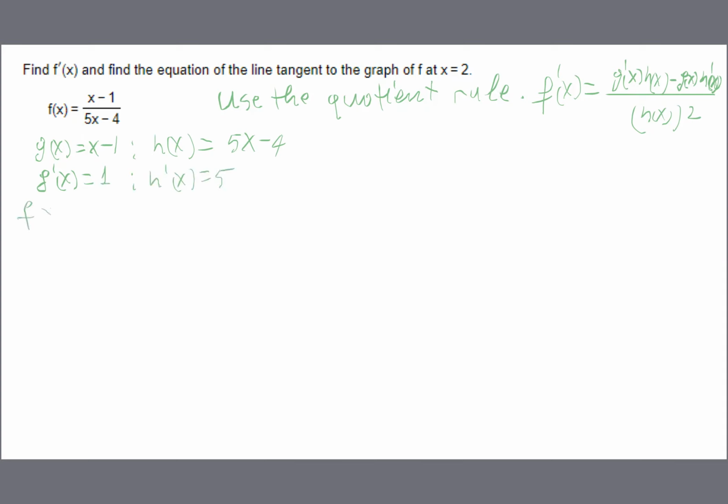So f prime of x equals g prime of x, which is 1, times h of x, which is 5x minus 4, minus g of x, x minus 1, times h prime of x, which is 5, over the denominator squared.